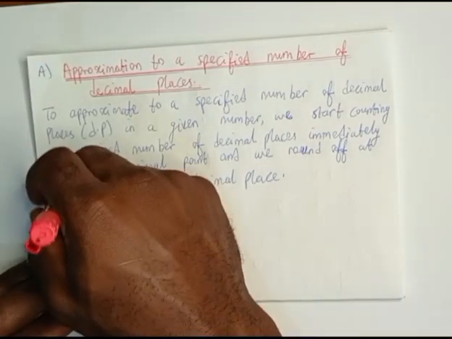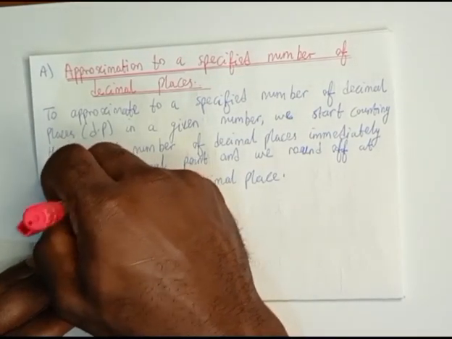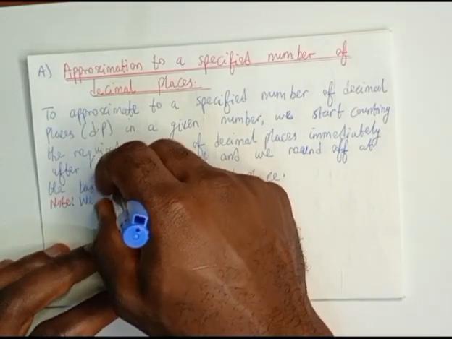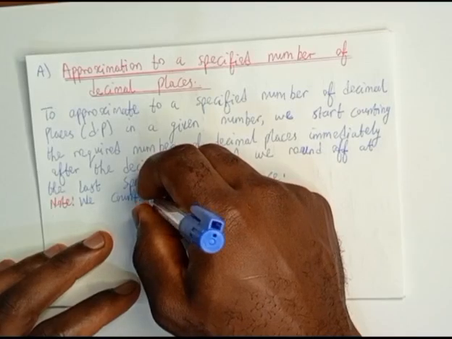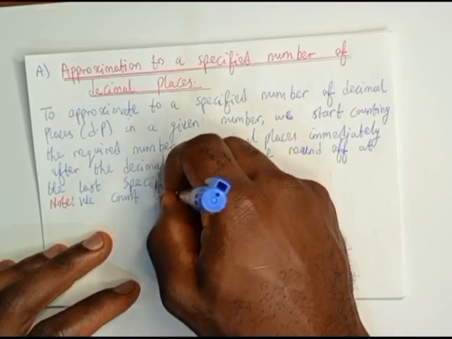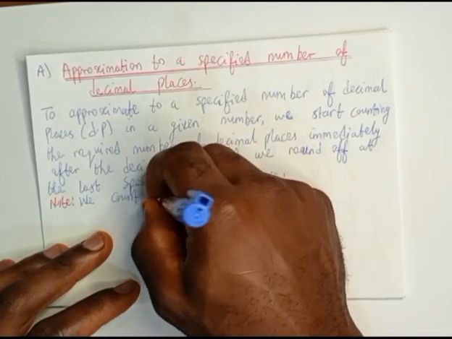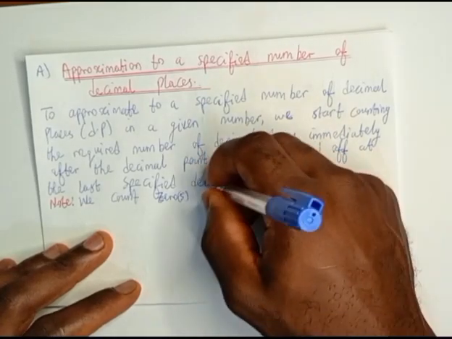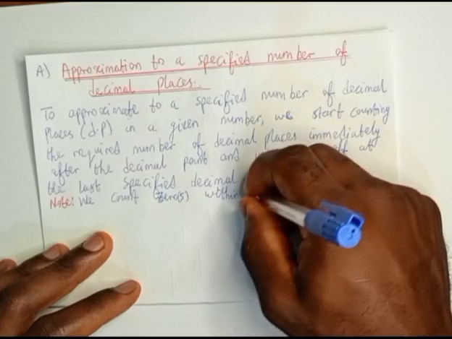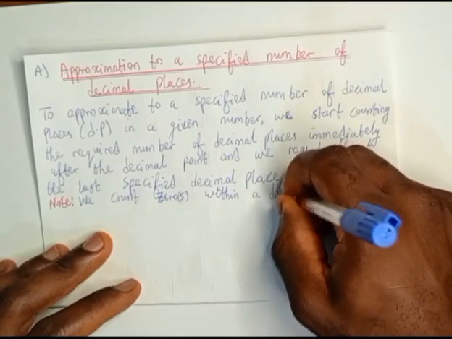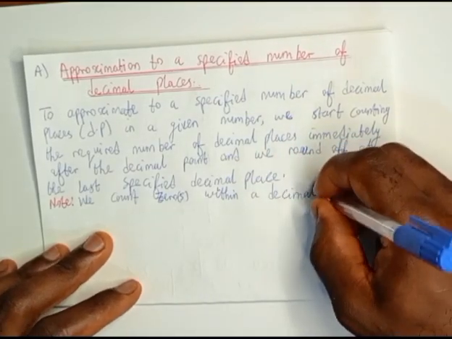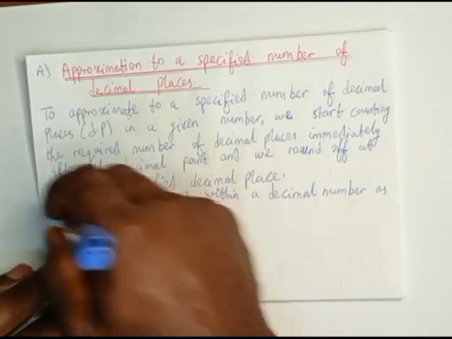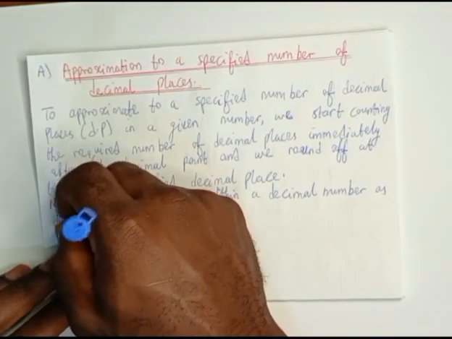If we take this down, note: we count zeros within a decimal number as decimal places.